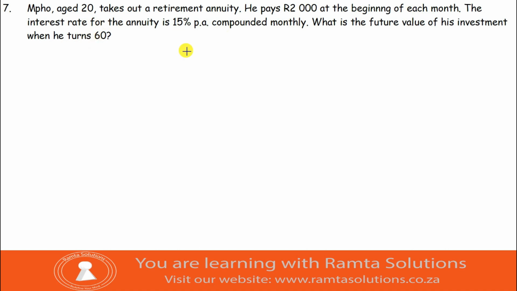Ask yourself this. He's 20, right? So the number of years will be 60 minus 20, which is 40.